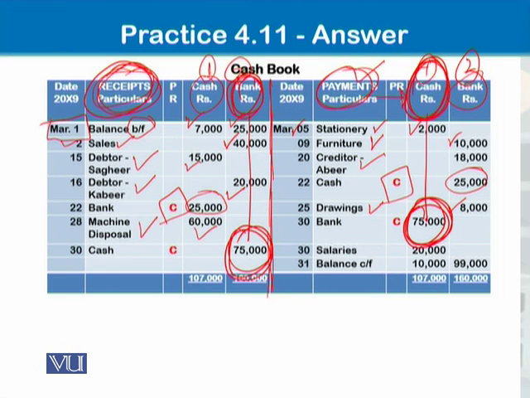So cash is decreasing because of bank deposit, and bank is increasing in the receipt because of cash. So these are also contra entries.